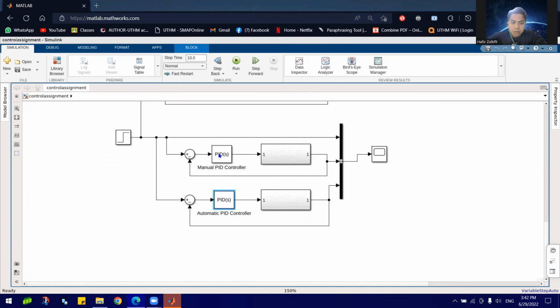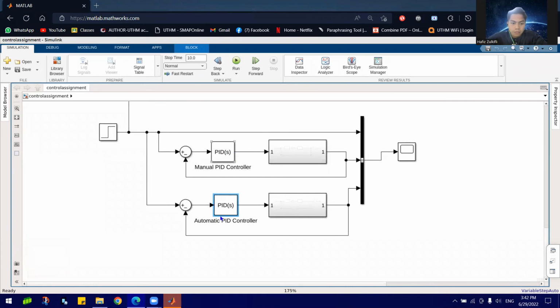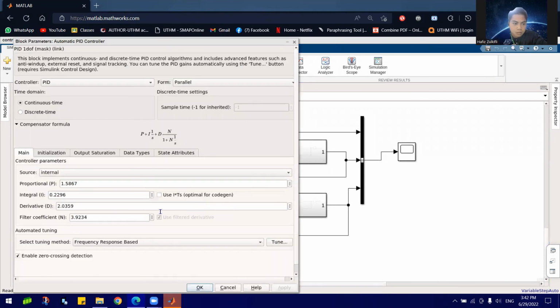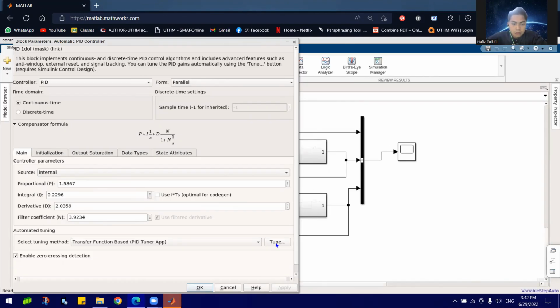For the manual tuning, it's the same as before, using the same graph and values. But for the automatic, I tuned a different setting by using the automated tuning here, set to the transfer function based PID tune app. So press this tune button, then tune.